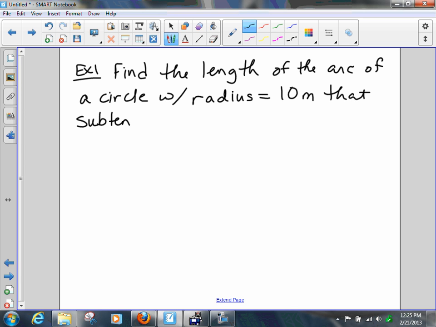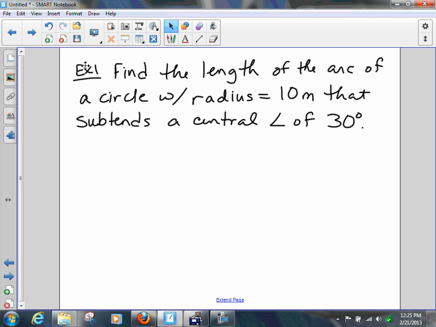New word. That subtends a central angle of 30 degrees. Get out of the way so you can write that. Find the length of the arc of a circle with radius equals 10 meters that subtends a central angle of 30 degrees.